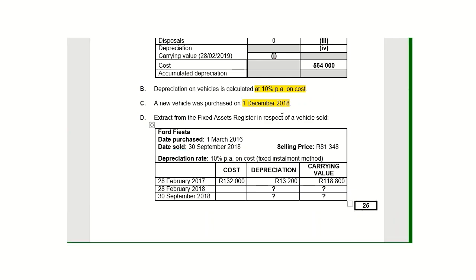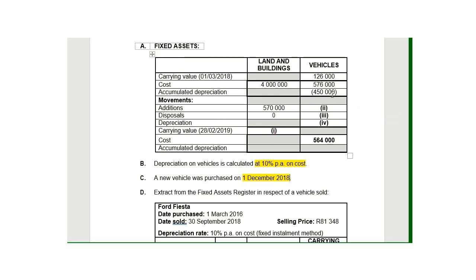So always, if you know the formula, put in whatever they give you. In this case, they gave me the cost at the beginning and the cost at the end. So I could get 2 of the 4 items on the formula, which is opening cost, plus additions that I don't know, minus the cost of the item sold, gives me the cost at the end.